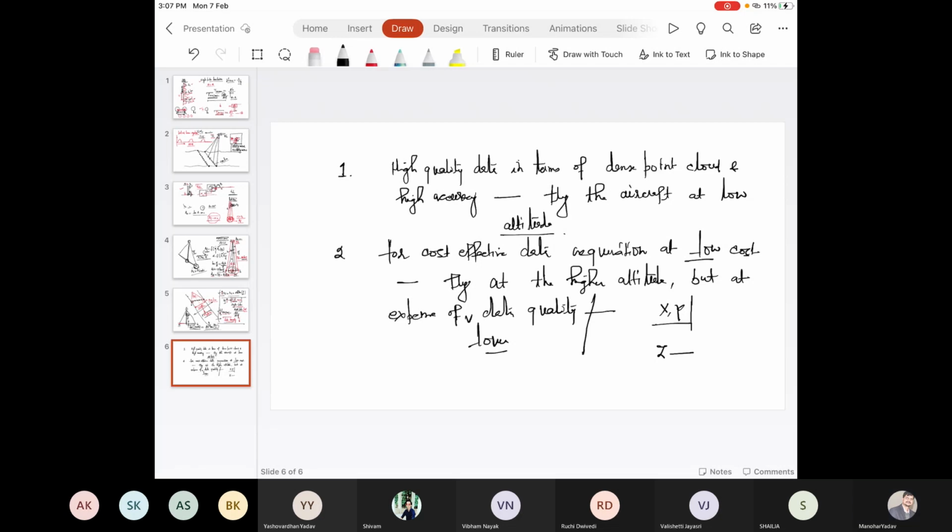Okay. So accuracy will decrease. Accuracy decreases. And at the same time, the lower data quality means data density also decreases. Okay.